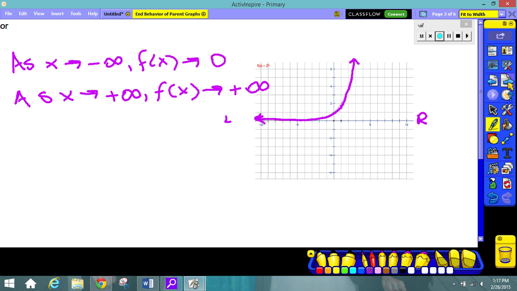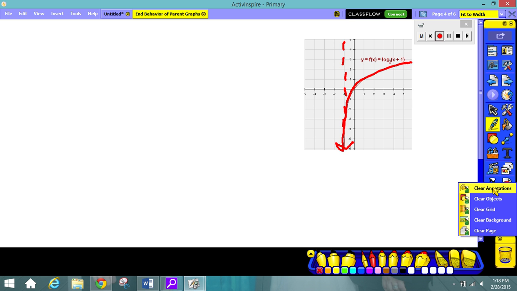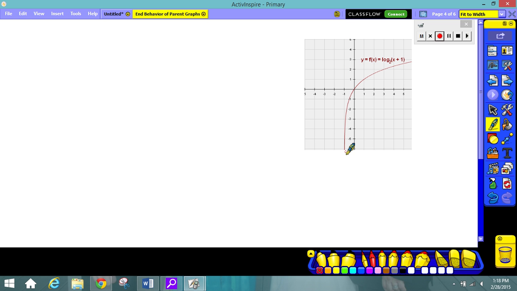Let's take a look at another example. Hopefully you recognize this is your logarithmic graph, and we can see if we're going to trace this, our graph is going down. However, with the logarithmic graph, we know that we have what's called an asymptote, and that's this imaginary line that the graph does not seem to ever cross. It just comes very, very close.